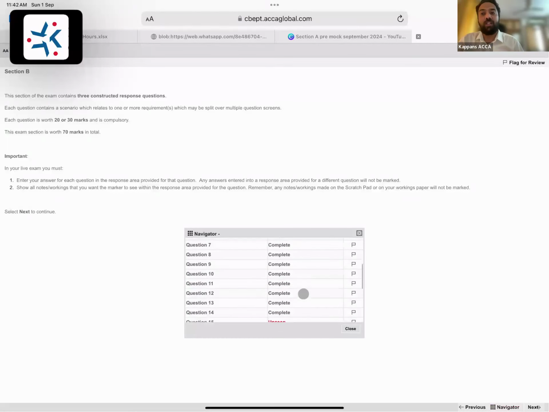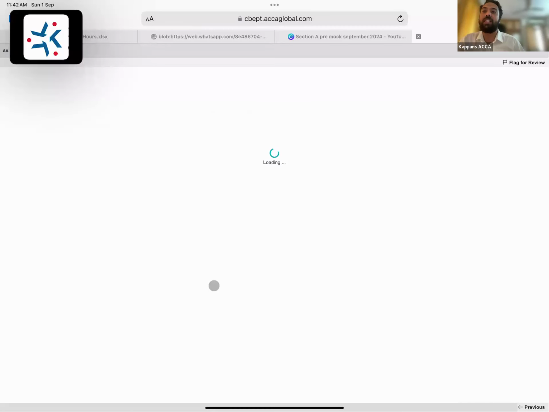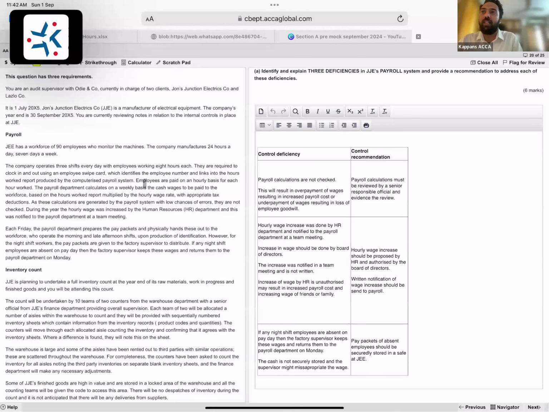So without wasting our time, I'm starting our session, and that is question number 20, which is a case scenario, which is asking you to identify and explain 3 deficiencies in JJE's payroll system and provide a recommendation to address each of these deficiencies. So let's quickly read the scenario.